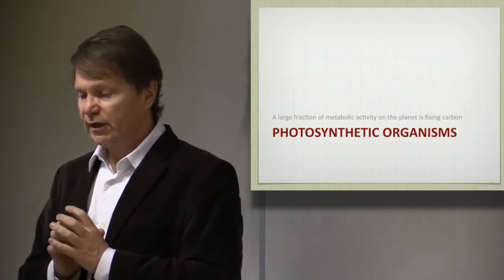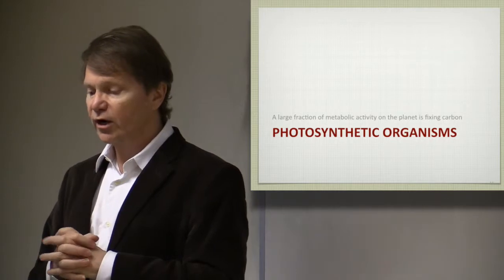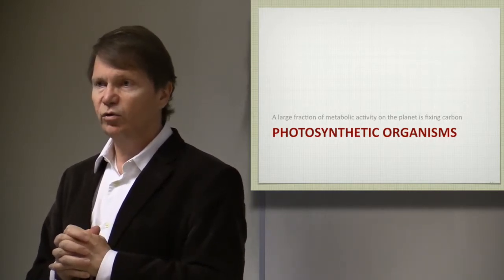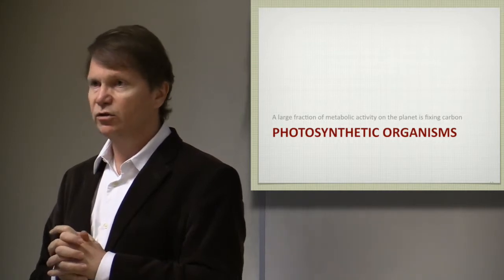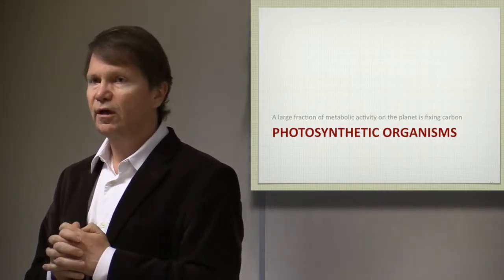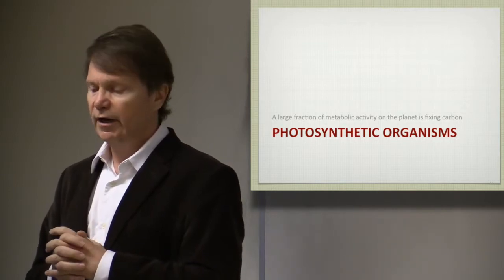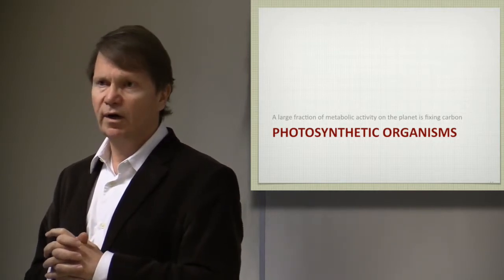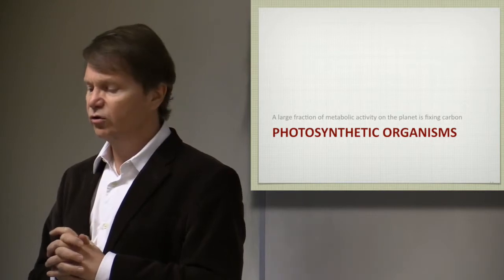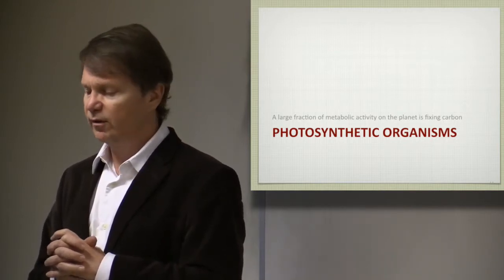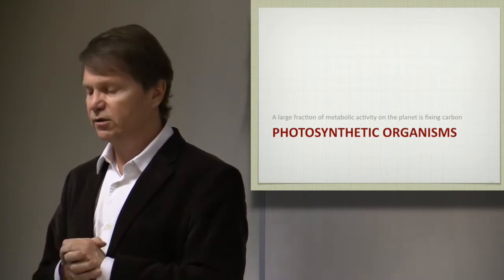Photosynthetic organisms, you know, a large fraction of the metabolic activity on the planet is photosynthesis and carbon fixation. And these are mostly done by unicellular organisms in the ocean, either prokaryotic organisms, cyanobacteria, as I mentioned, or unicellular eukaryotes that we'll talk about in the next lecture, and then, of course, plants on land.